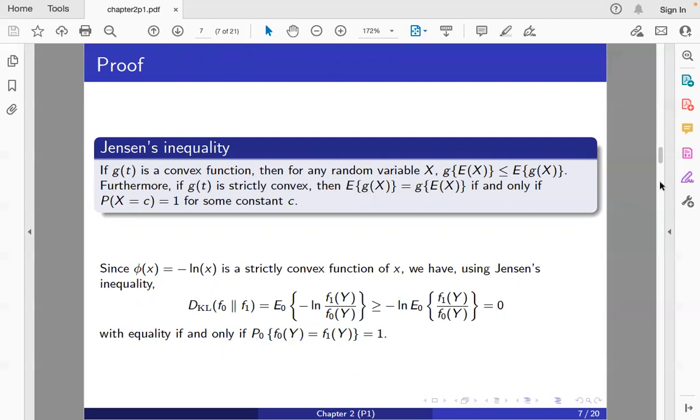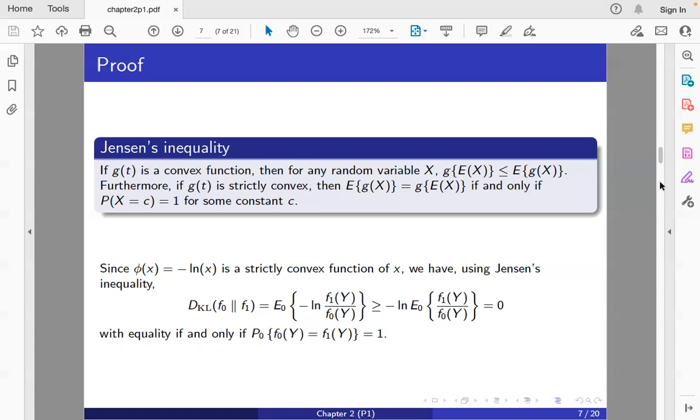So anyway, Jensen's inequality. G is a convex function. I assume that you have at least heard about Jensen's inequality, but I'm going to introduce it and do it again.